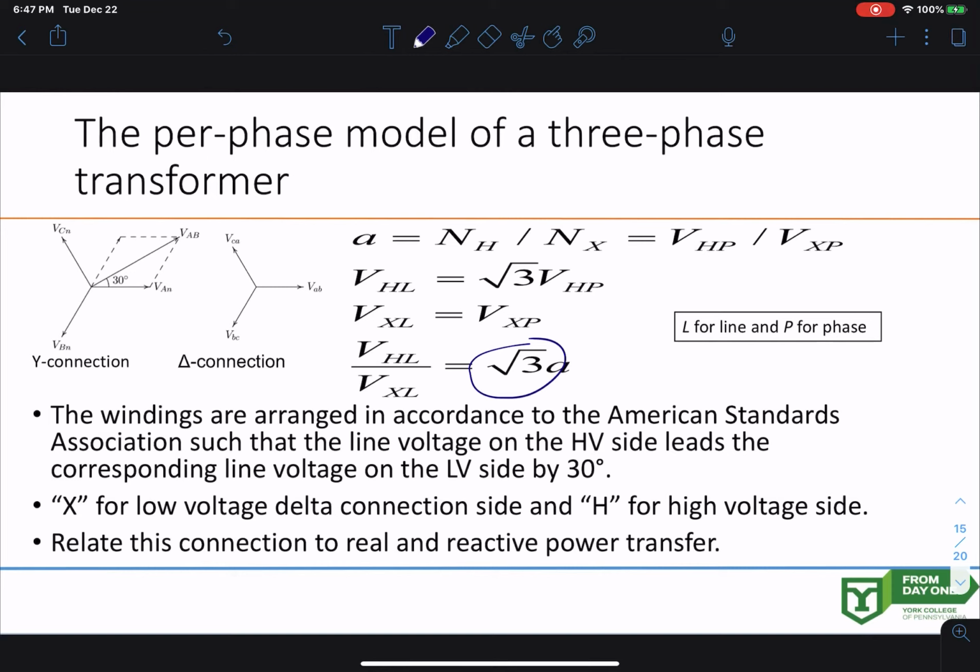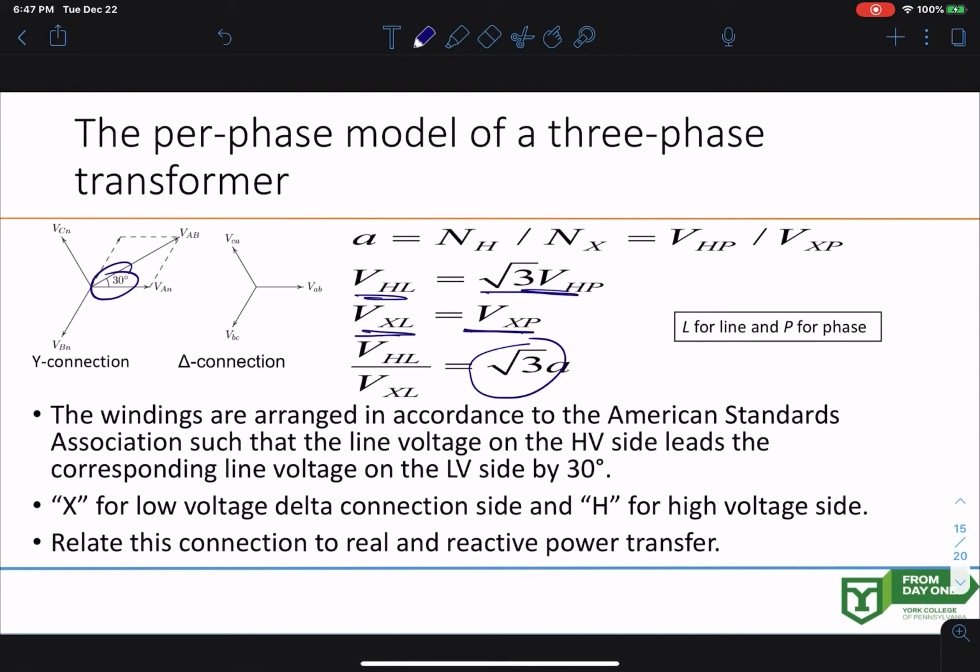So the Y connection has the higher end here, right? And over here, the lower end has the same line-to-line voltage and phase voltage, same thing. So that's why there's a square root of 3 times factor between Y and delta connection. And there's also a 30-degree phase shift. That's what we're talking about.